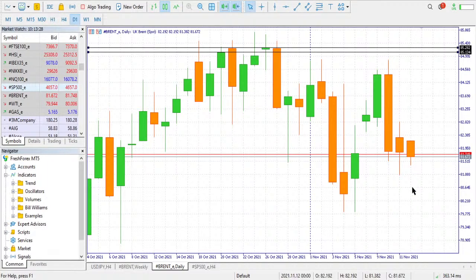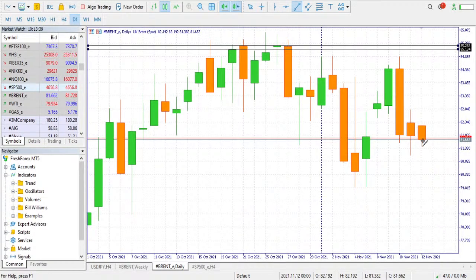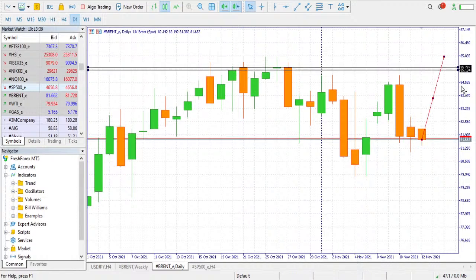So if the price continues up, then we'd like to see a break beyond this point, 85.282. We'd want to see price continue to break above this point, then pull back to the same place so that we pick a buy position when the price gets back to this level here.